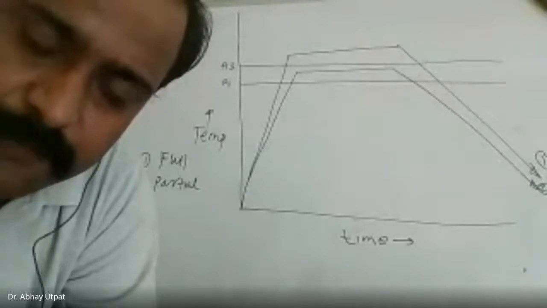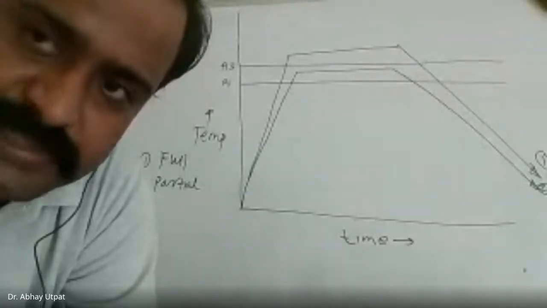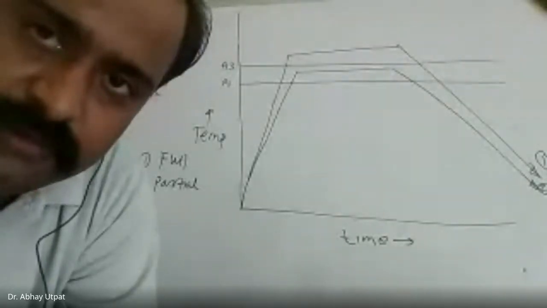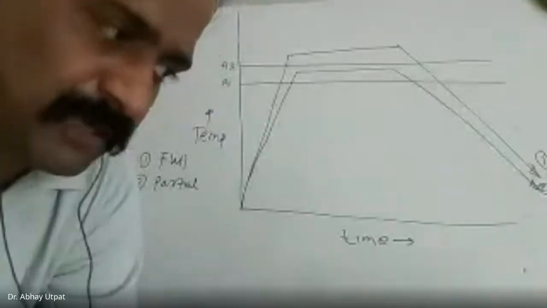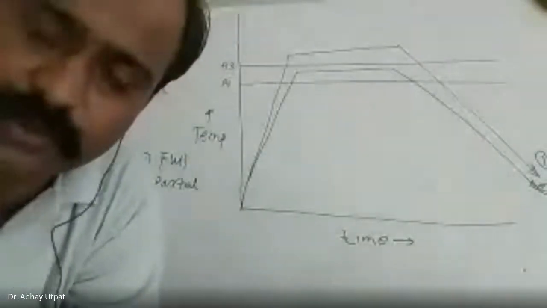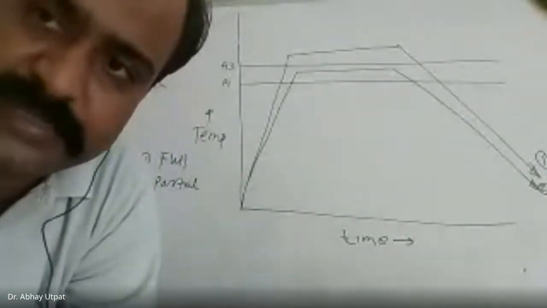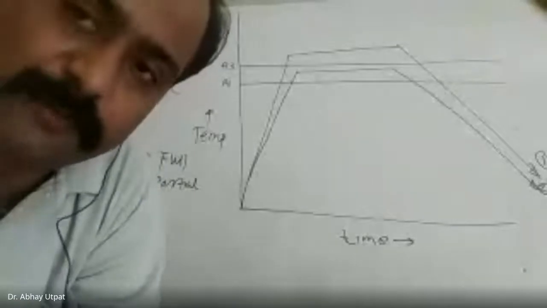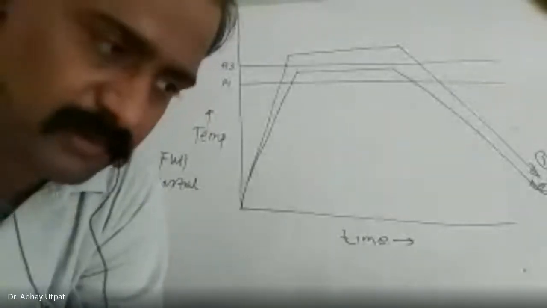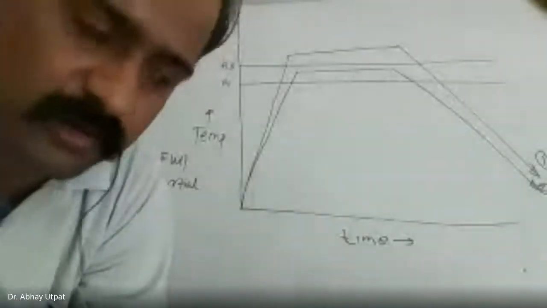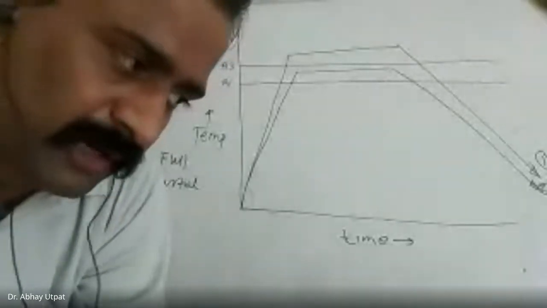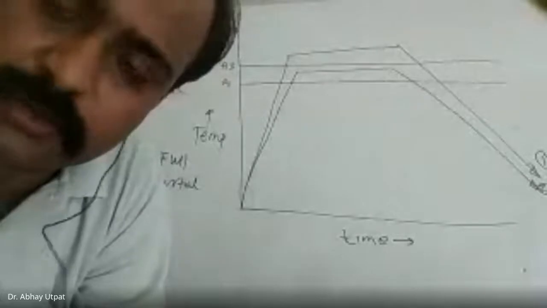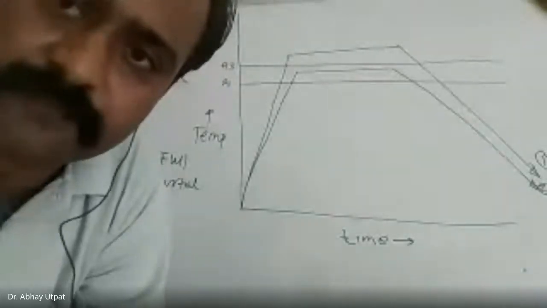Recall the iron carbide diagram. Turn the pages back and see your diagram. Between A1 and A3, there is alpha plus pearlite for hypoeutectoid and pearlite plus Fe3C for hypereutectoid. You have to remember this forever. Otherwise, if you go on forgetting things, you will not understand heat treatment.